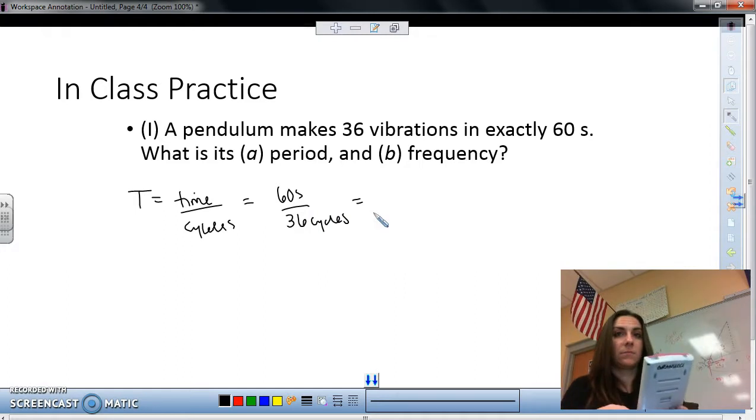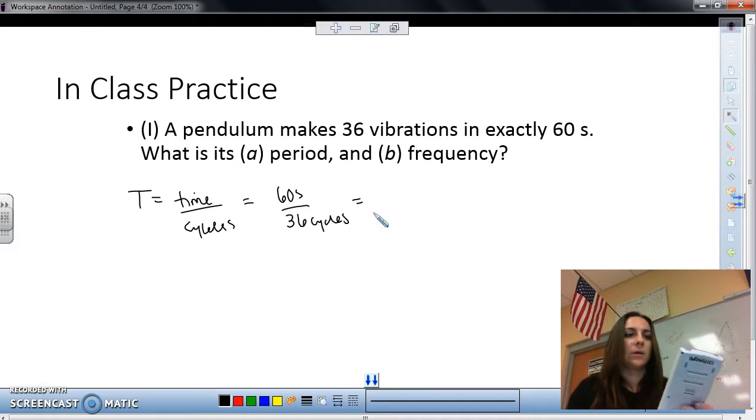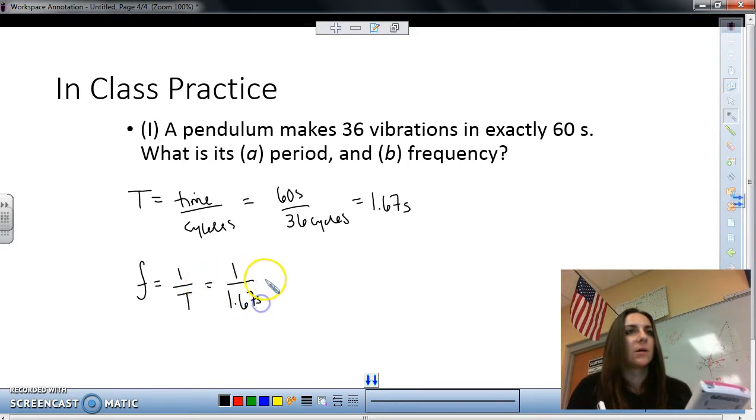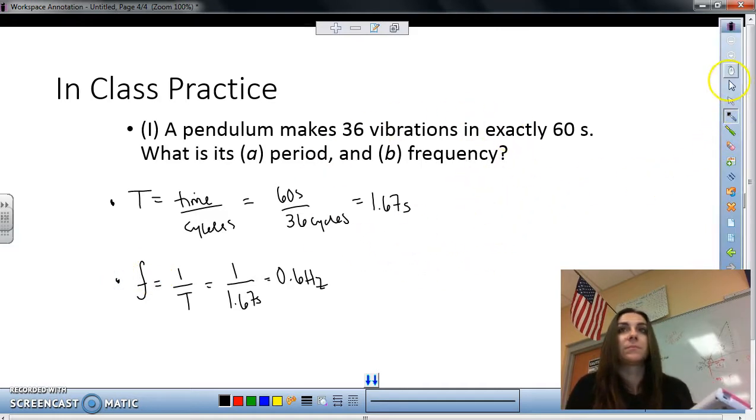So 60 divided by 36 will be 1.67 seconds for the period. Now I could do this for the frequency, because the frequency is the inverse of the period, so I'll do that because that's the easiest way to solve this. And when I take the inverse of that, I get 0.6 hertz. So you can use things like period and frequency to calculate features of your pendulum.